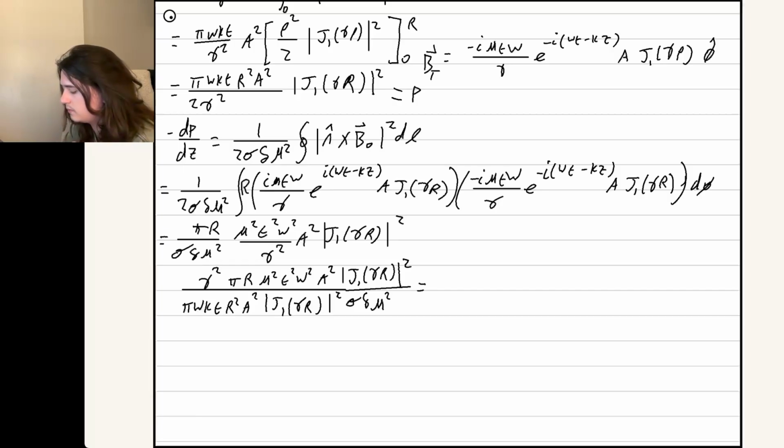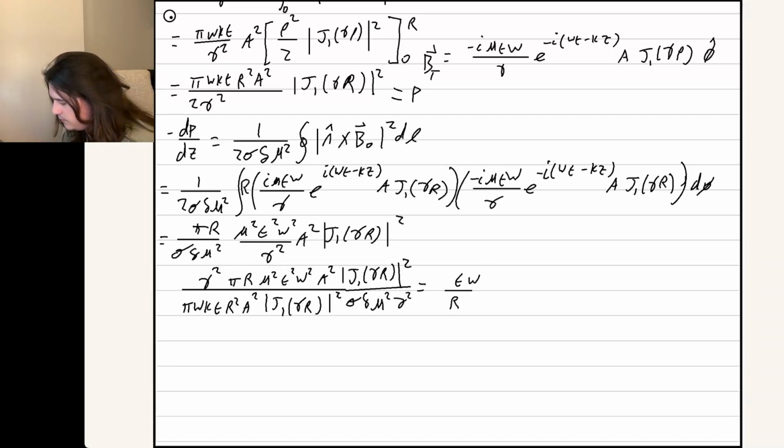So the Bessel functions are gone completely now. The gammas should be as well, because we had a gamma squared on the bottom of the dp dz term. So gammas are gone as well. Pi is gone. You end up with a 1 over r. So r on the bottom. You end up with no power of mu. You end up with an epsilon up top, as well as an omega k. Actually, there's no term that involves k on the top, is there?